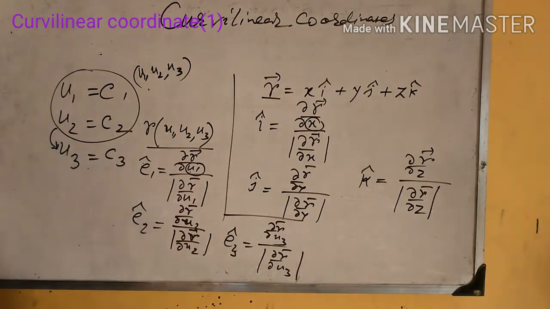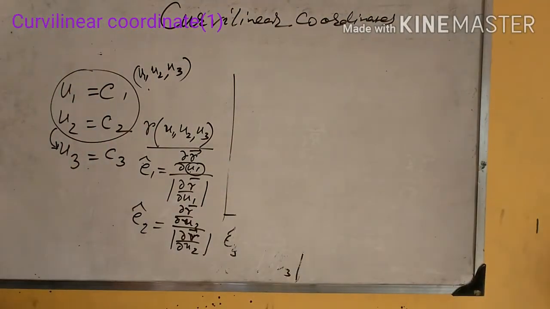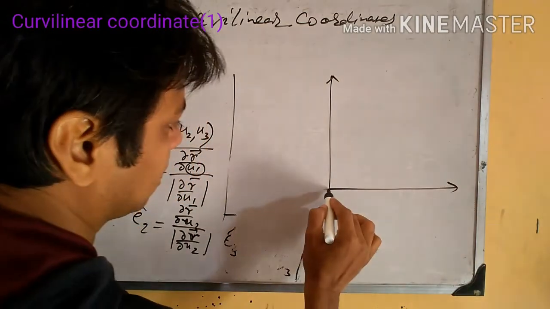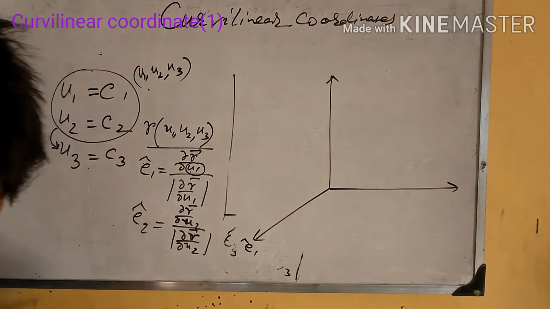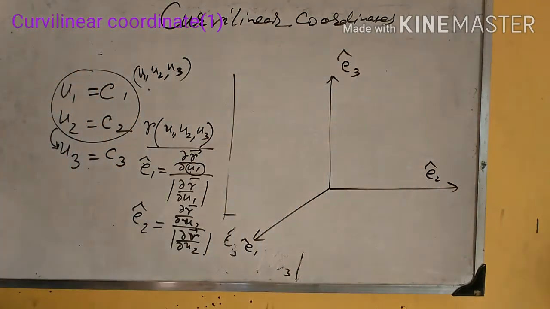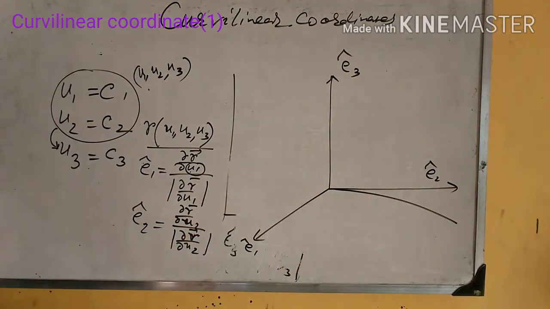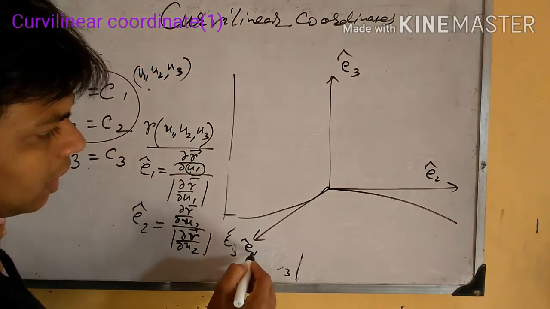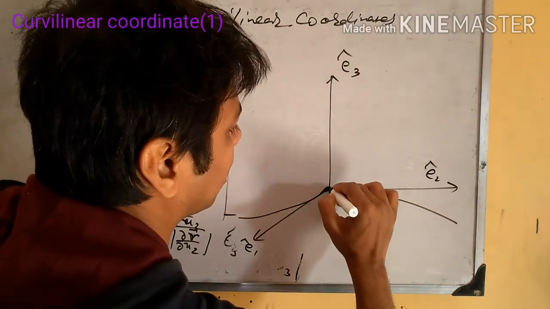And we can take these three axes in such a way that this is E1 cap, this is E2 cap, and this is E3 cap. But the curves are such that E1, E2 and E3 are the tangents to the curves.